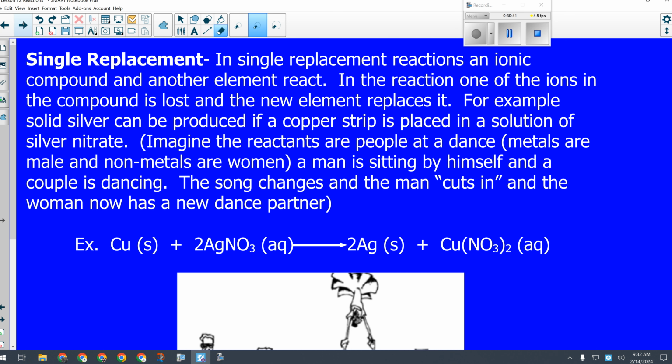Okay, so single replacement and double replacement reactions. They're both replacement reactions, and replacement reactions only involve ionic compounds. All the compounds in these reactions will be ionic. There will be no molecular compounds.